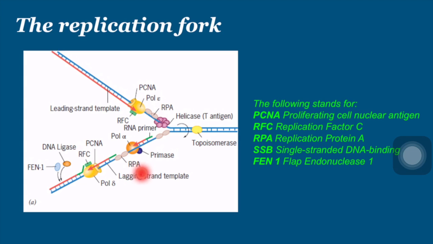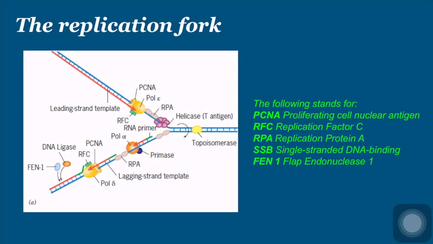Then the RNA-DNA primers of the lagging strand synthesized by the polymerase alpha primase complex are removed by the movement of polymerase delta, generating an RNA-DNA flap that is removed by the FEN1 and the nuclease. The gap is then sealed by the DNA ligase, and the topoisomerase removes the positive supercoils that develop ahead of the replication fork.